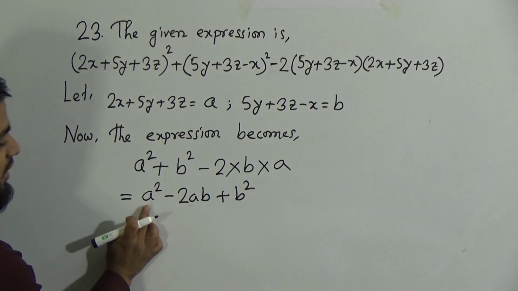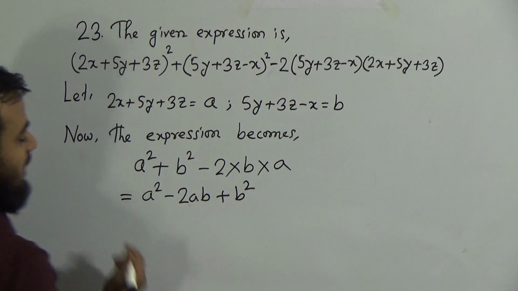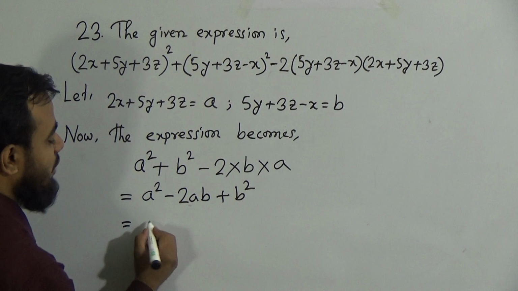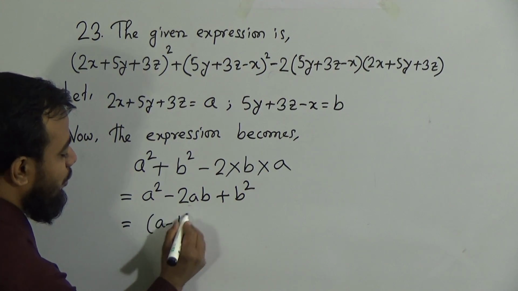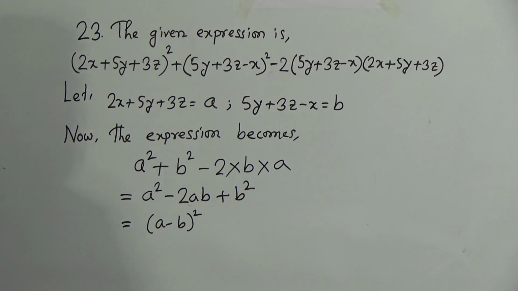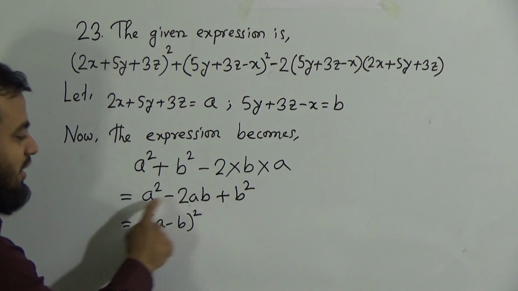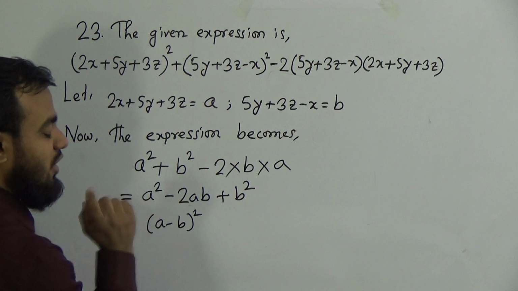Okay, we get a square minus twice ab plus b square, and we know that the formula of a square minus twice ab plus b square equal to a minus b whole square. The formula is a minus b whole square equal to a square minus twice ab plus b square, so we can write a square minus twice ab plus b square equal to a minus b whole square.